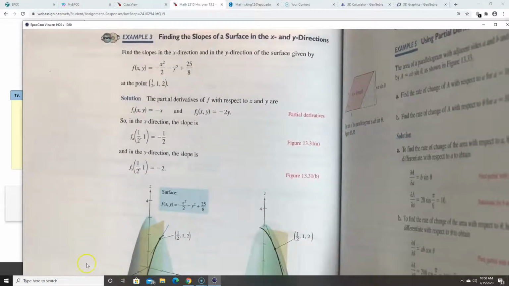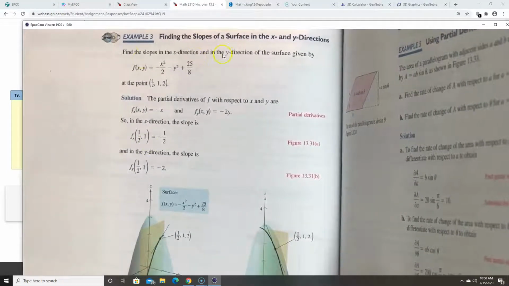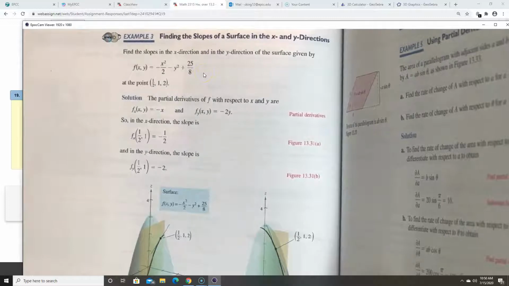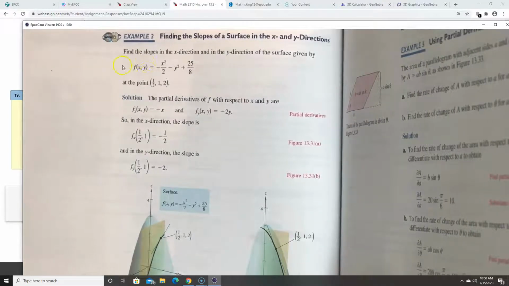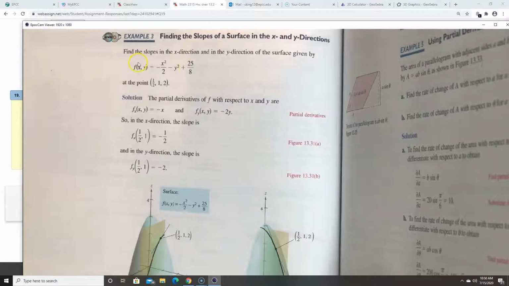So here is the equation of a surface, f of x y, so it's a function of x and y. You could also rename the third dimension that's missing here, which is z.